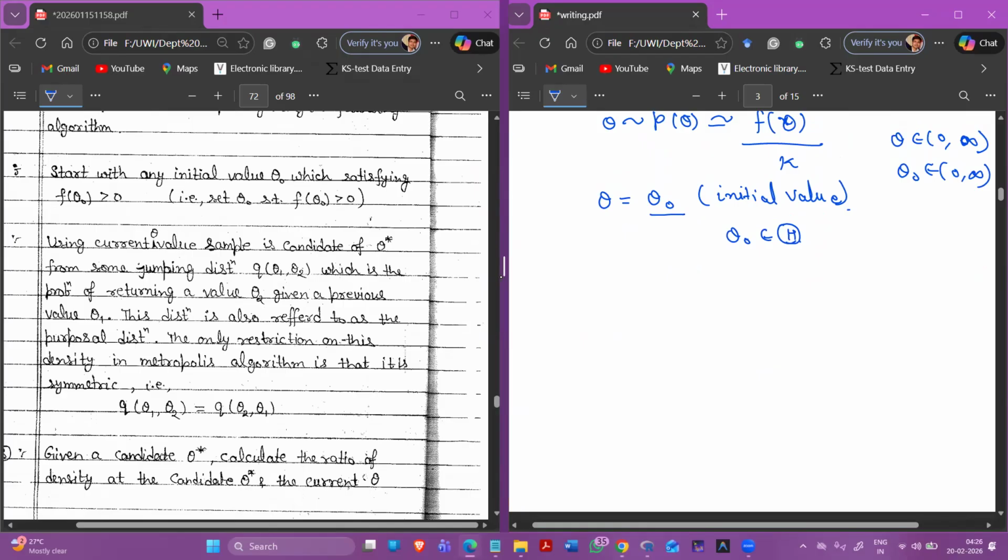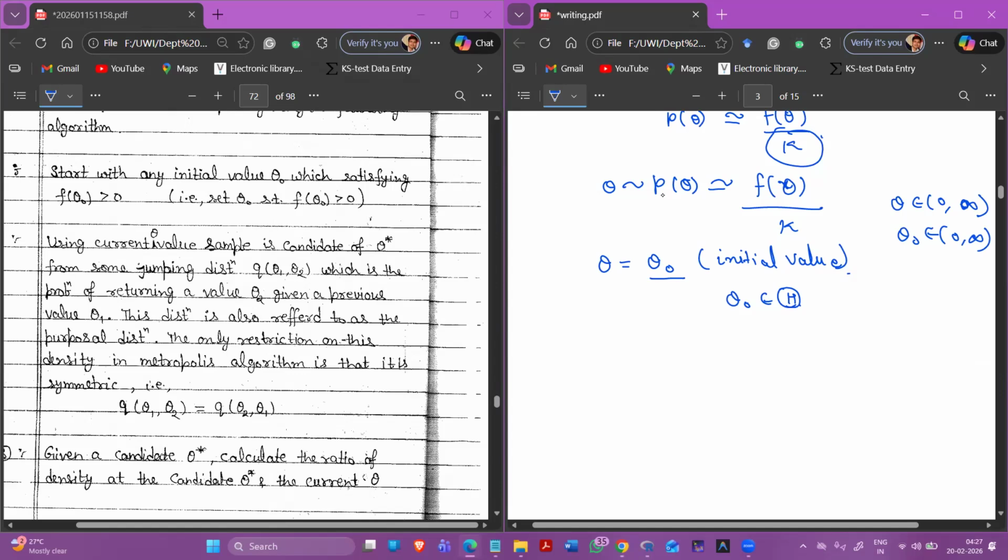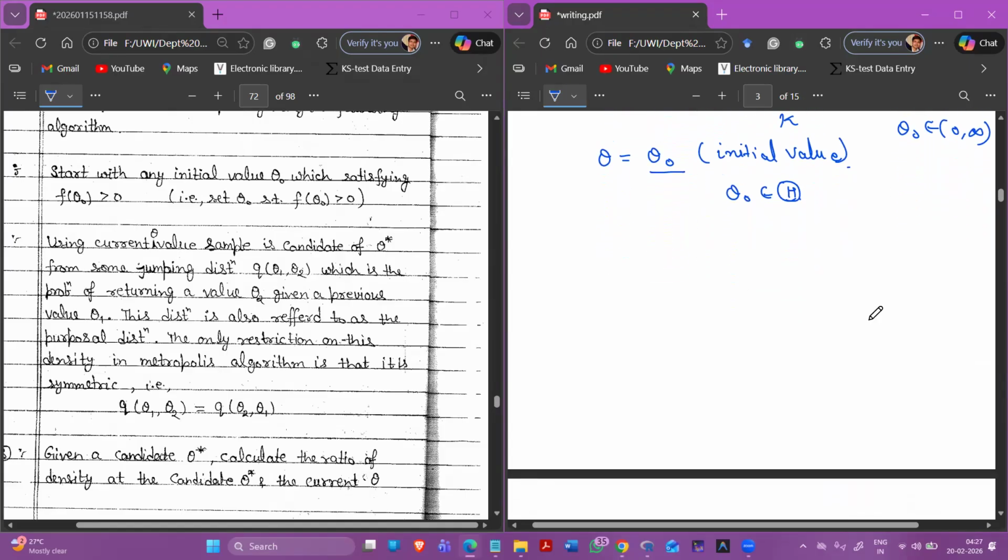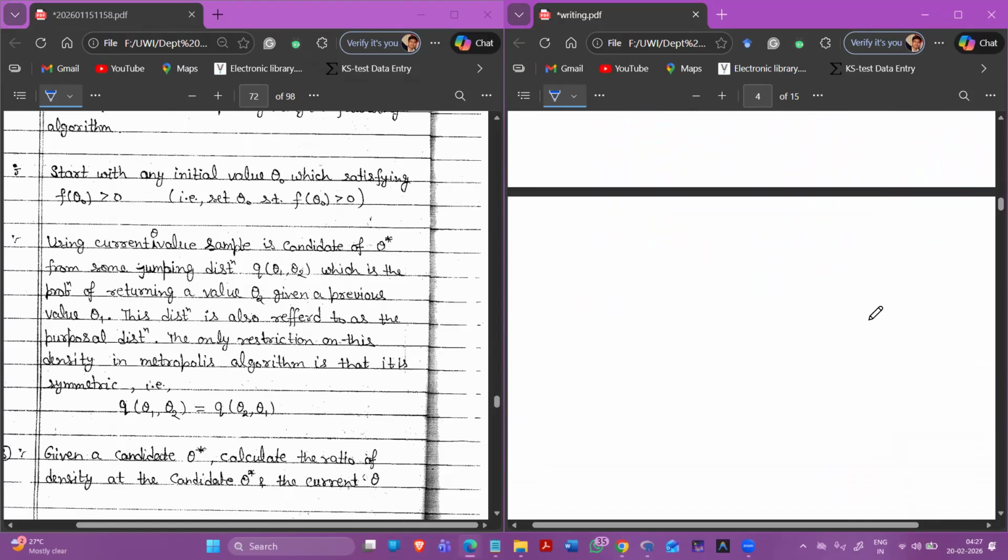So I was approximating my density p(theta) with f(theta) divided by k. Are you getting this point? Yes or no? Understand it this way.